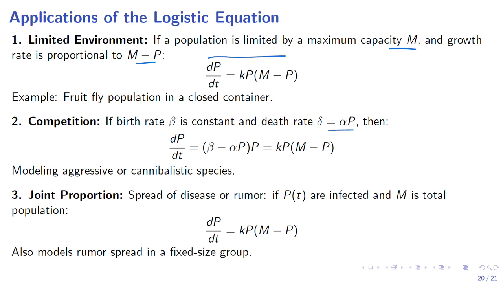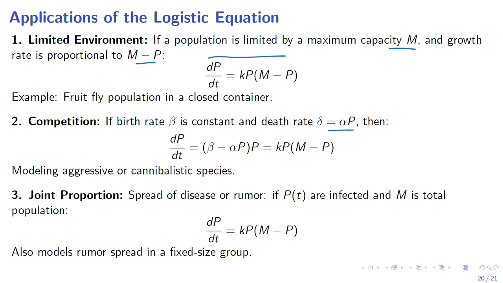It also works when we have a constant birth rate with increasing death rate. For example, modeling of aggressive or cannibalistic species is an example of a competition type situation. The joint proportion is another one. The spread of disease or rumor is another thing where we can use the logistic equation.